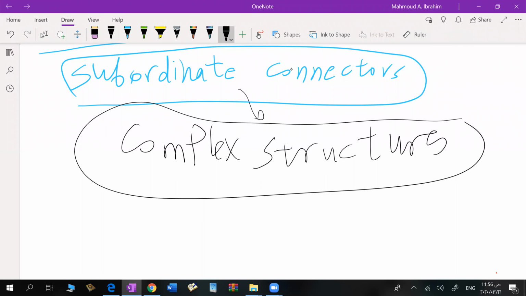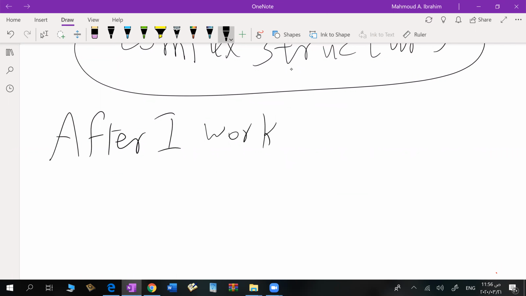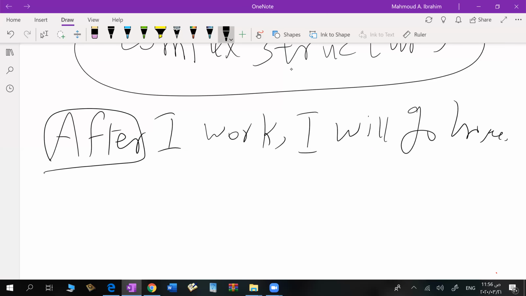Complex structures are a bit different from compound structures. Why? Because they can have two shapes. For example, you can say, after I work, I will go home. We have here connector, subject verb, subject verb. This is one structure.